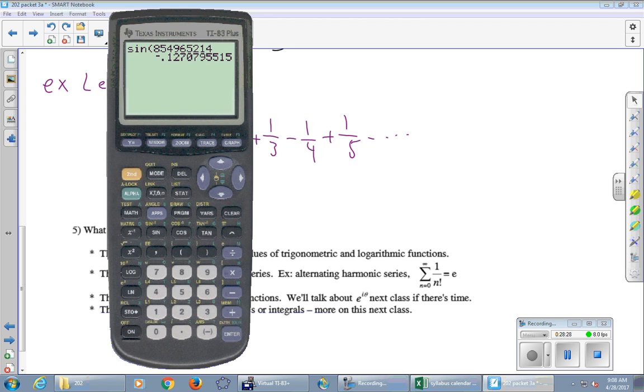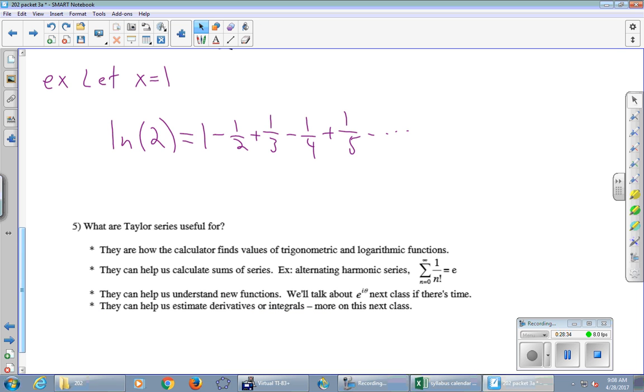And that's it. So the same thing for ln. We've got an ln of 1 plus x. If you want to find ln of 2 on the calculator, just type in these 50 terms or however many you need to get as accurate as is necessary. And this is all addition, subtraction, multiplication, and division. So this is what the calculator has programmed inside of it for all of the fancy buttons.